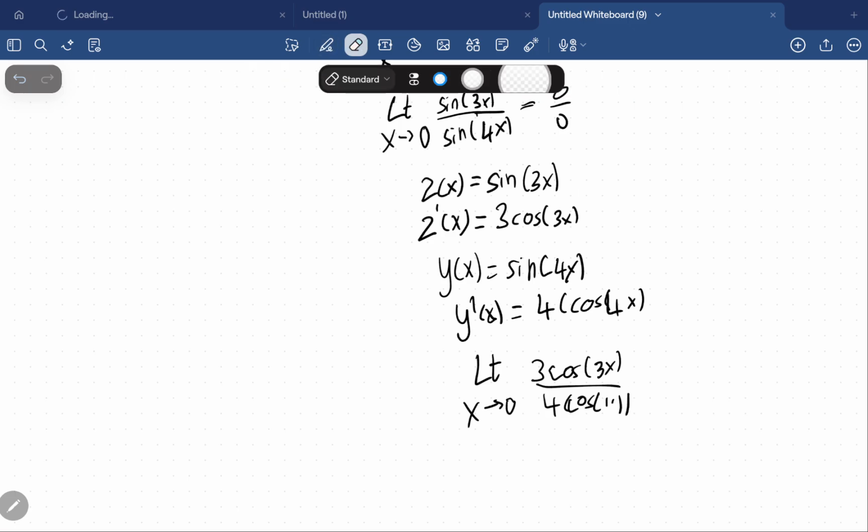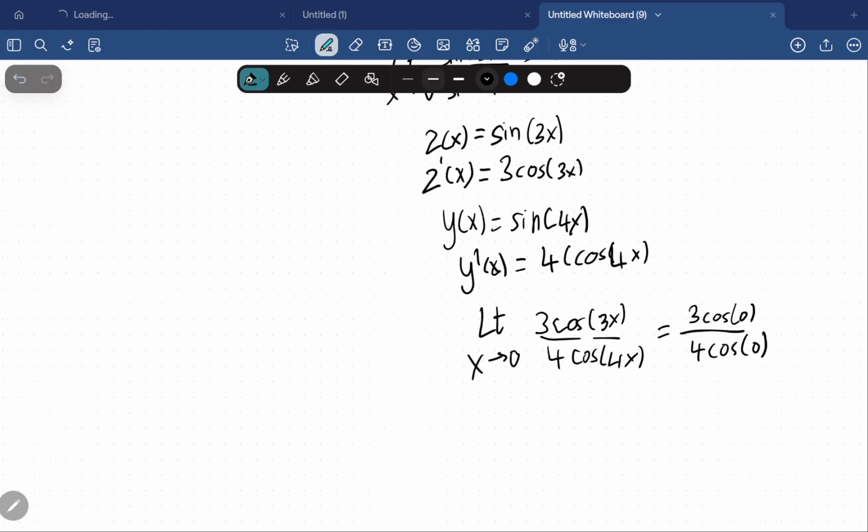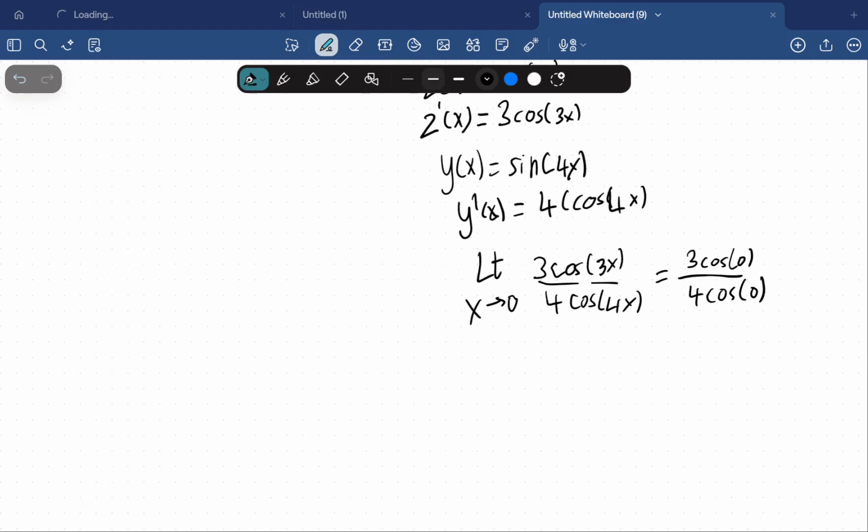Here we'll get 0. Long story short, we will get 3 cos of 0 over 4 cos of 0. Remember, cosine of 0 is always 1. So we'll get 3 over 4.